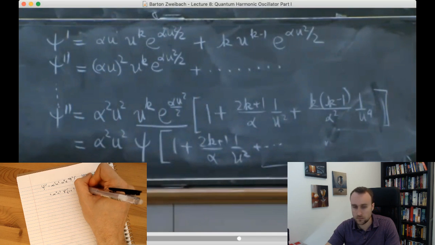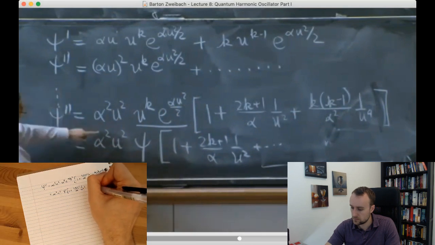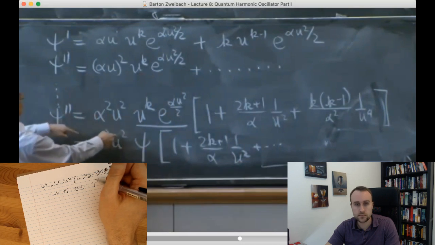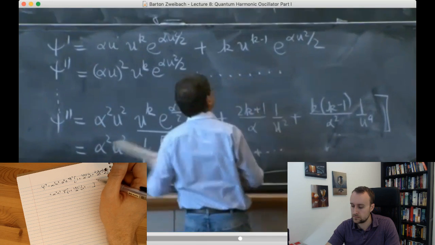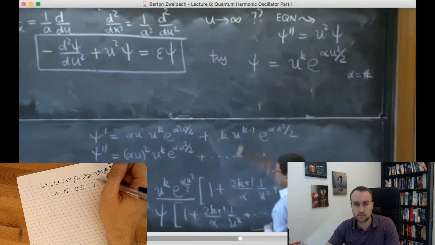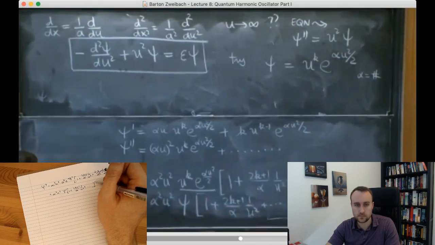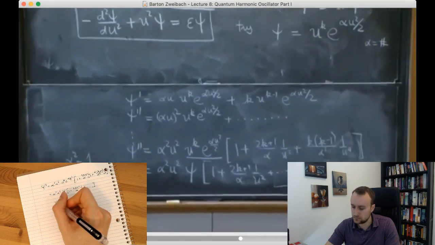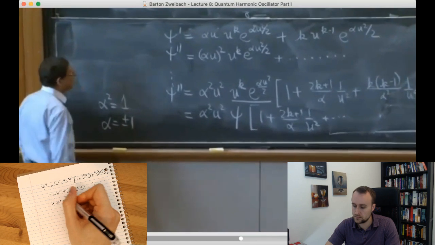So when u goes to infinity, your solution works because these things are negligible, so you get a number times u squared. That is the equation you're trying to solve up there. And therefore, you get that equation if alpha squared is equal to 1. And that means really that alpha can be plus or minus 1.